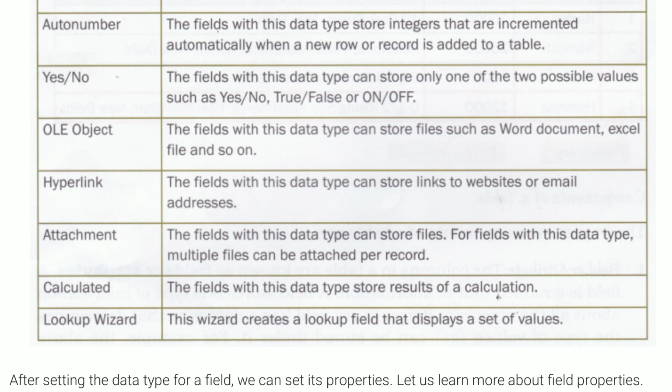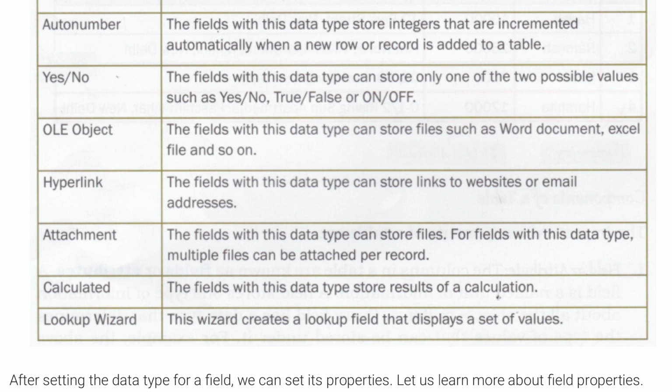The attachment field is used to attach image, spreadsheet files, documents, charts, etc. And the process of attaching the files is similar to attaching files in email messages. You can also attach log files, that is .log, text files, and compressed zip files also. The field with the attachment data type can store files. For fields with this data type, multiple files can be attached per record.